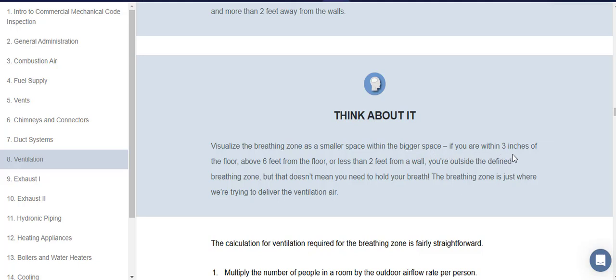If you are within 3 inches of the floor, above 6 feet from the floor, or less than 2 feet from the wall, you are outside the defined breathing zone, but that doesn't mean you need to hold your breath. The breathing zone is just where we are trying to deliver the ventilation.